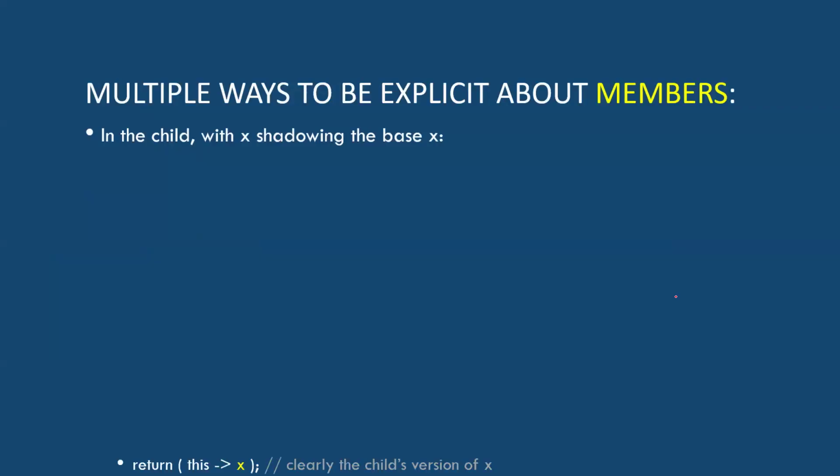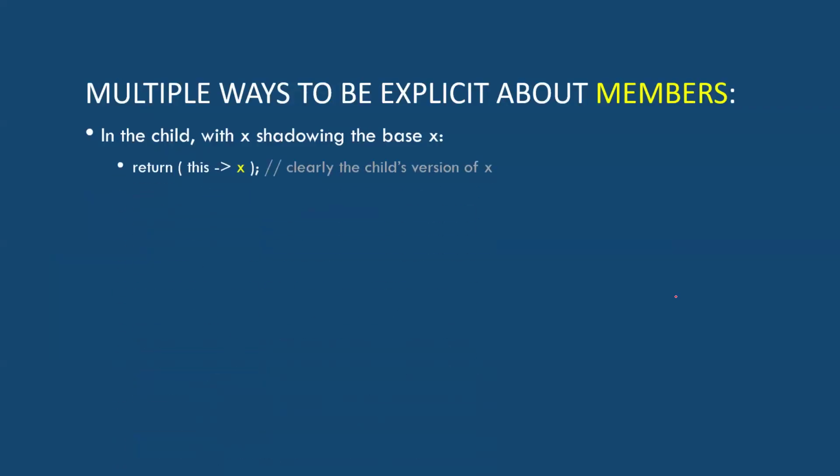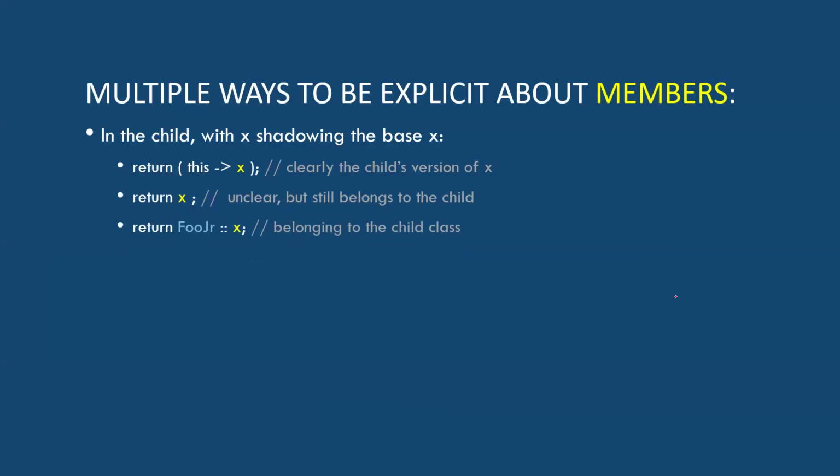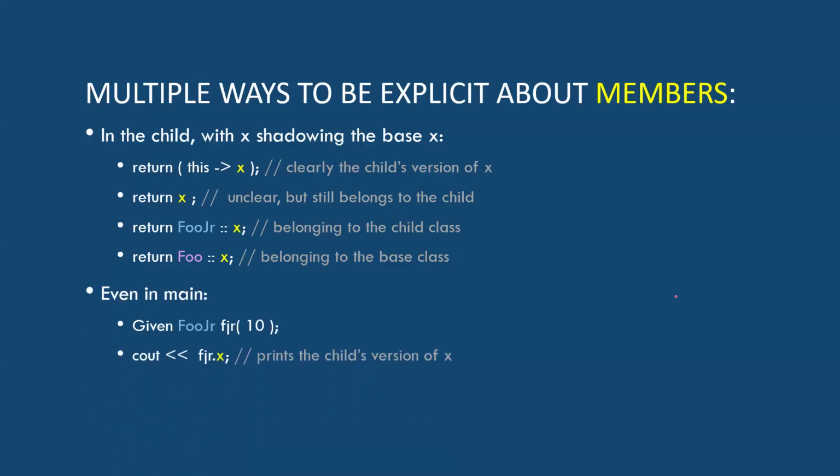So here's that. You can say return this->x, regular x, FooJunior::x, which is in the derived class, or Foo::x. And I think I've seen some folks using this already, probably something you might have picked up somewhere on the web in some good example code. So that's totally okay. Interestingly, we can even do it like this.